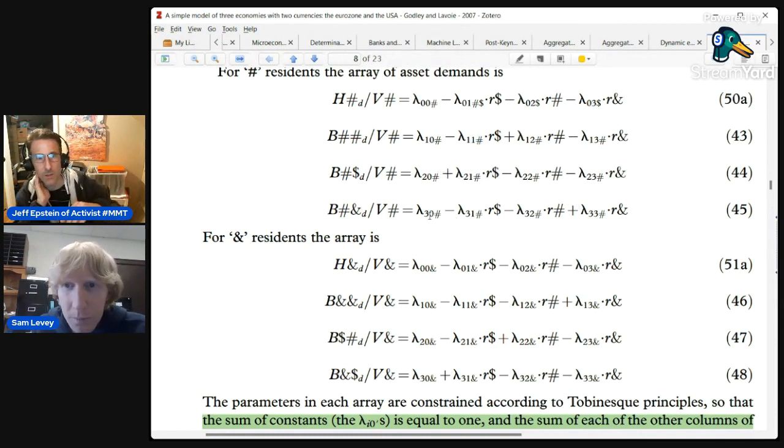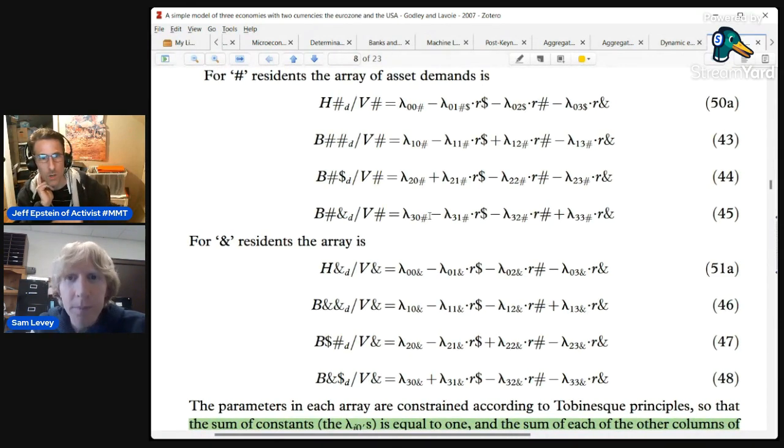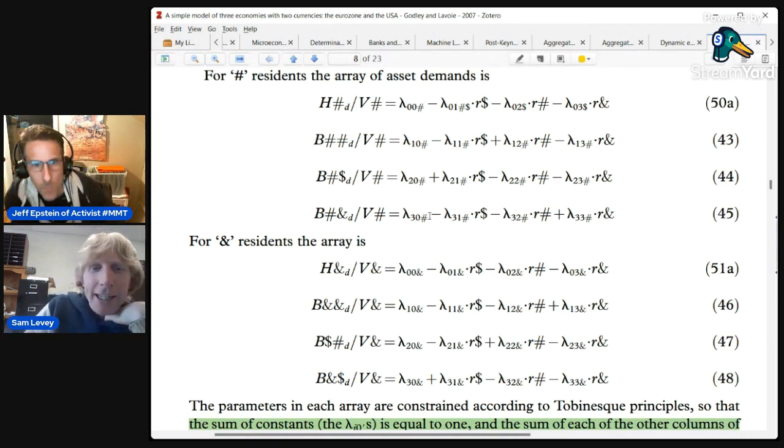So 50 is H. H is high-powered money. So okay, H is just the D is priced from, well, and there's only one thing here. So what else would it be priced from? Oh, the D is demand, right? Demand.